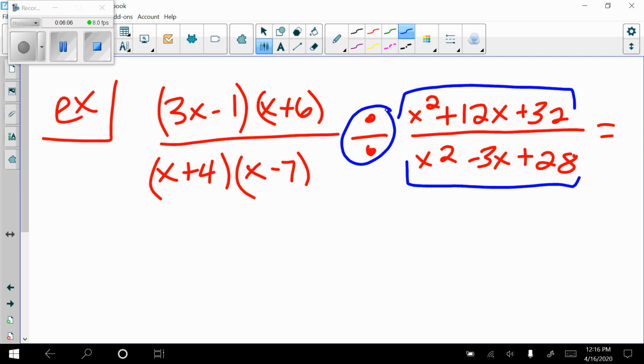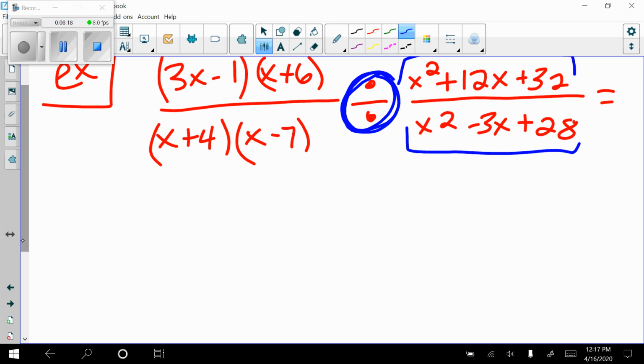It does not matter which one you want to do first, but I like to look at, well, if it's division, automatically change it into multiplication first, because I know that that's going to be easier. So my first step is going to be that keep, change, flip. So the first fraction is going to stay the same. I'm not changing anything about it.